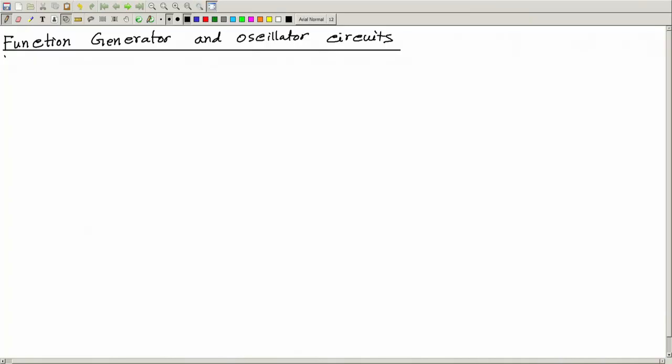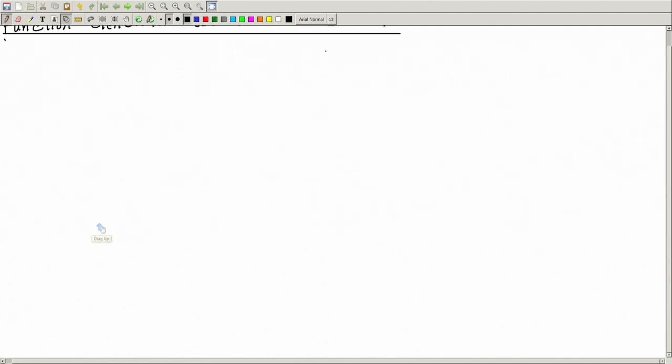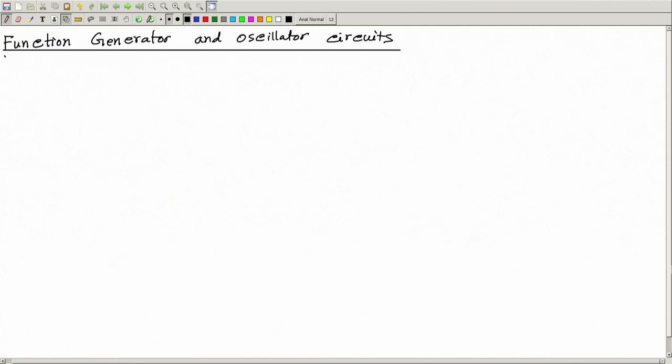This week we are going to start a new topic, a new chapter in electronic instruments, on function generator and oscillator circuits.